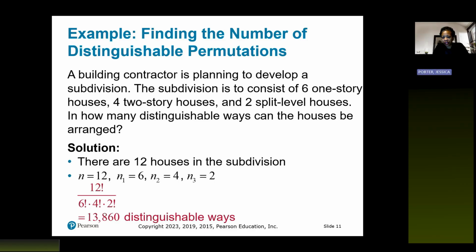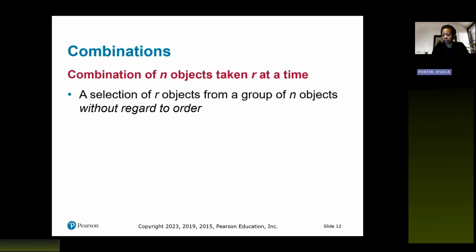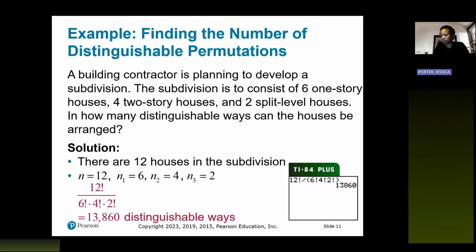Sometimes we see this with letters. Let me see if I have another example. Nope, they don't have another example for these. But the premise is you take the whole of the group as your numerator in factorial, and then you break down each piece for the denominator. And they're giving you the TI-84 Plus steps.